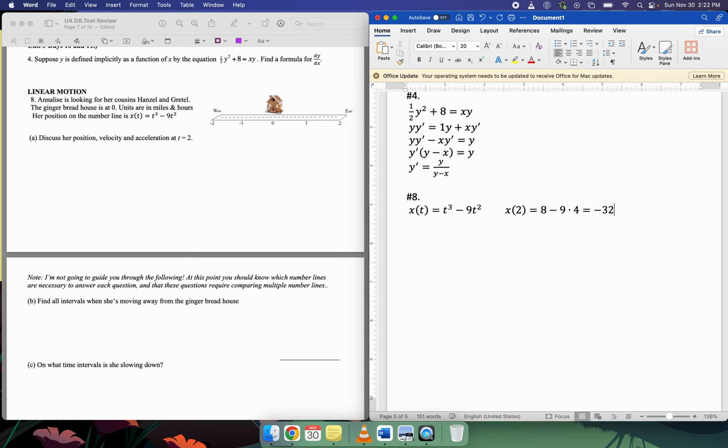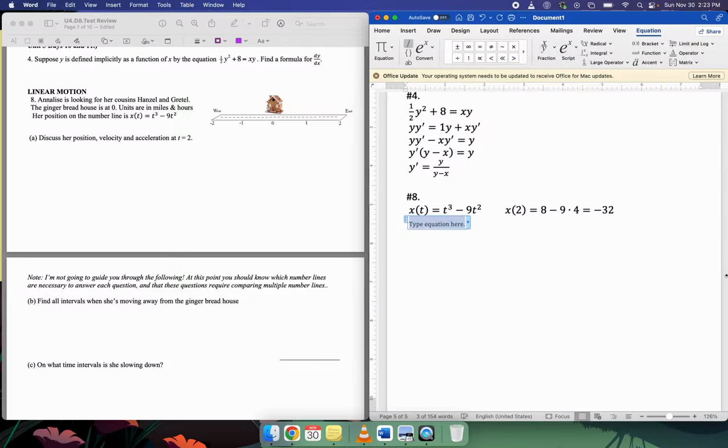32, which means, in the context of the problem, Anneliese is located 32 miles west of the gingerbread house. The velocity function is going to be given by x prime, which is 3t squared minus 18t, and x prime of 2 would therefore be 3 times 4 minus 18 times 2, which would be 12 minus 36, which is negative 24.